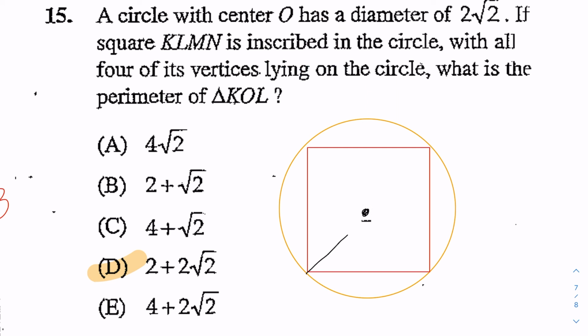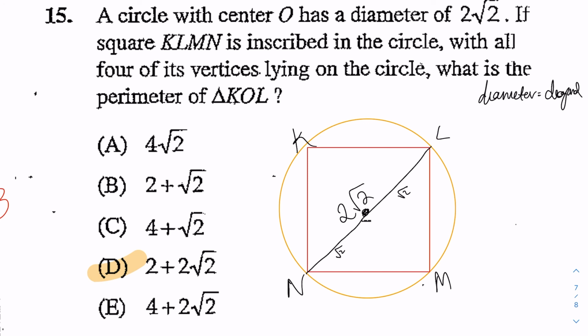So the key here is that the diameter is equal to the diagonal of the square, if the square is inside the circle. So it's 2 root 2. And remember, the diagonals bisect each other, so each part is root 2. Now you want the perimeter of KOL.